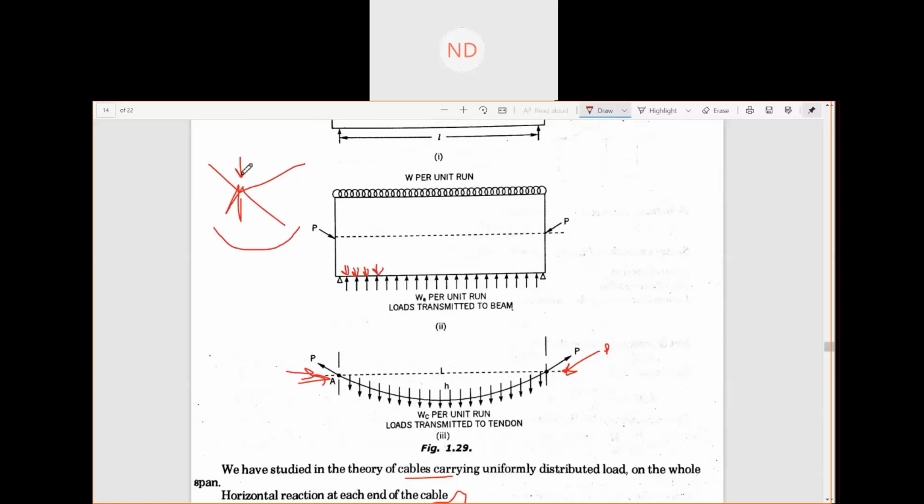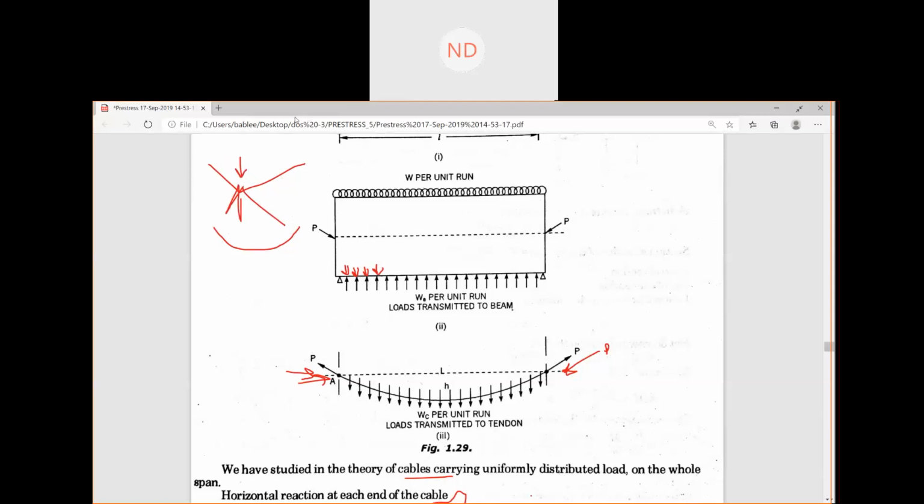I think in the first class, or maybe the second class, I told you that there are three methods of calculating or finding out the stresses in a pre-stressed concrete member.